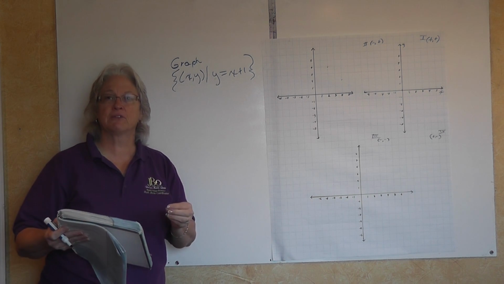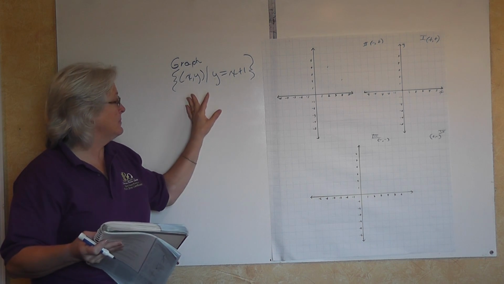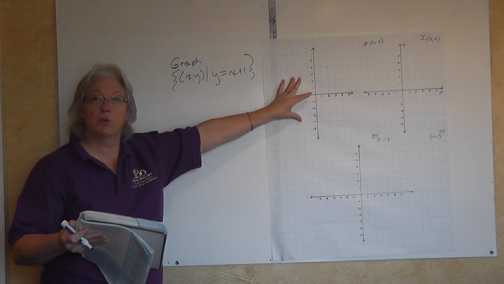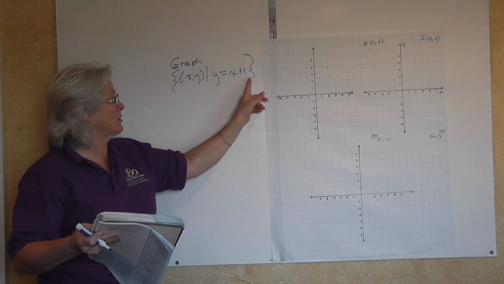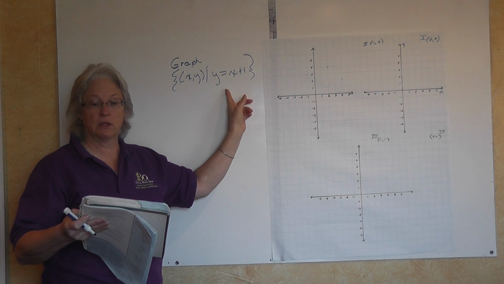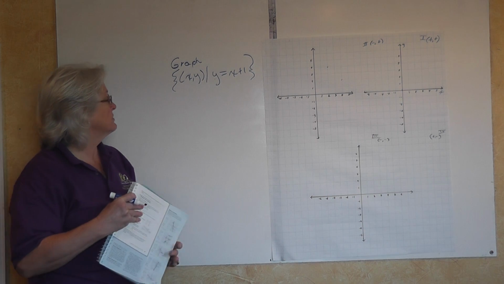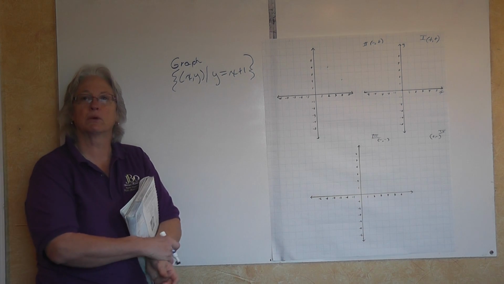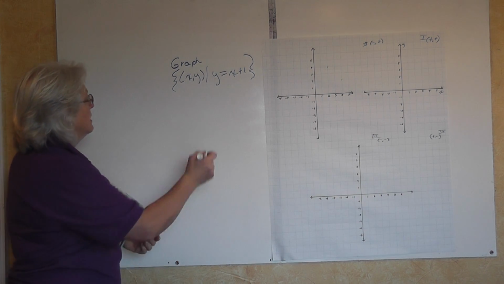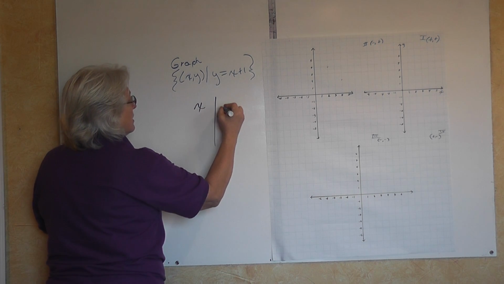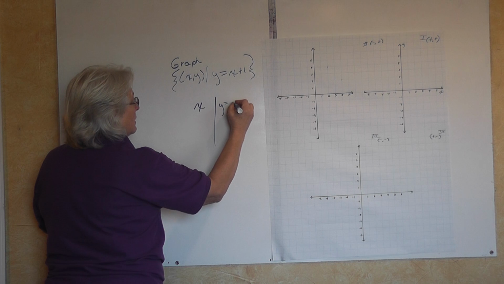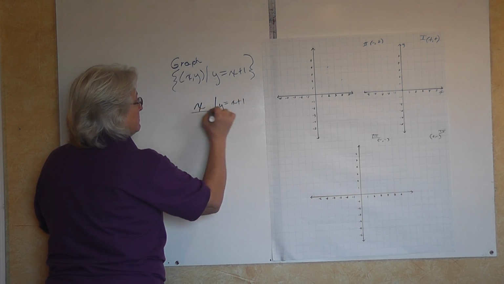So what are we going to have to do in order to be able to come up with some ordered pairs? Well, we have to make sure that our equation is solved for y, and we already have that. So now what we're going to do is make a table of ordered pairs. Y is equal to x plus 1.